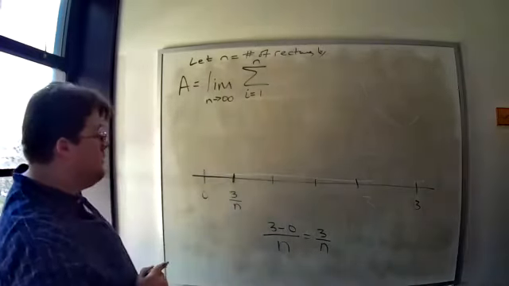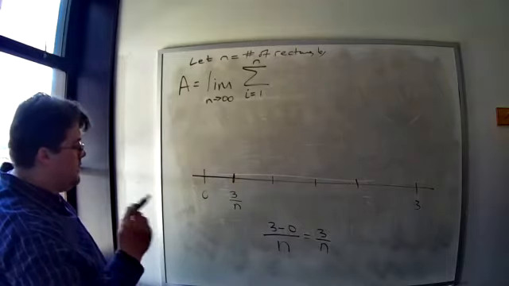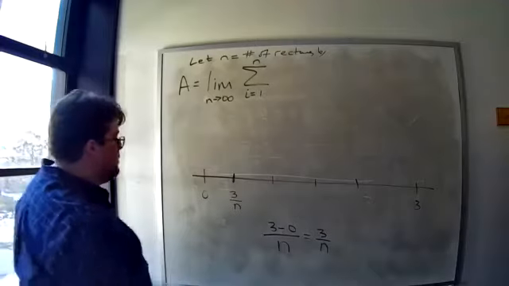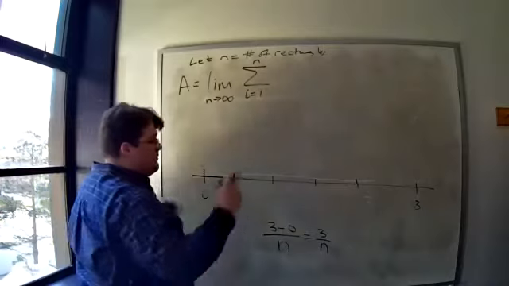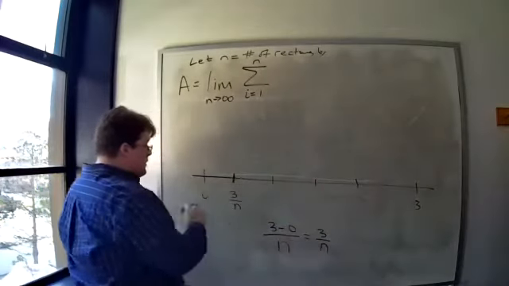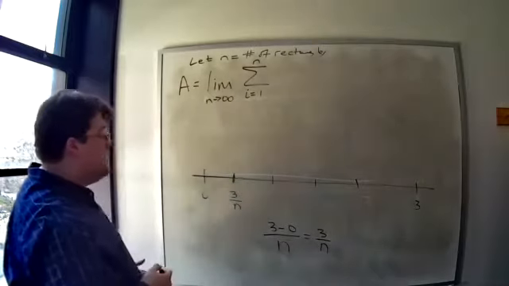I would say finding that first x value is probably the most important thing when setting this up, being precisely sure where this 3 over n comes from. So divide the interval 0 to 3 into n pieces, and this first x value would be 0 plus 3 over n.